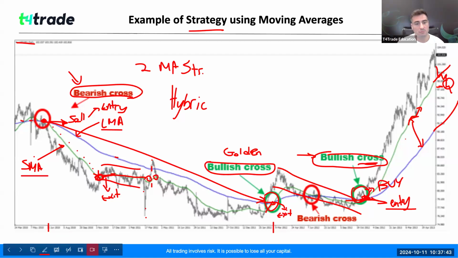So again, using simple moving averages is a super simple tool and strategy for going about trading. It's beneficial, yes. It gives you information, yes.